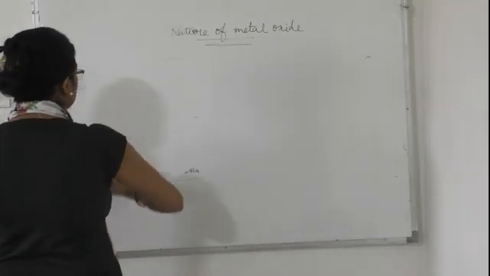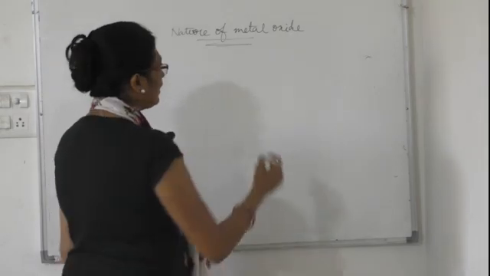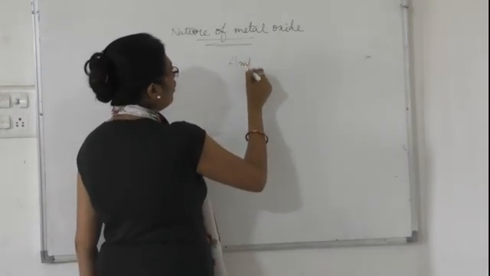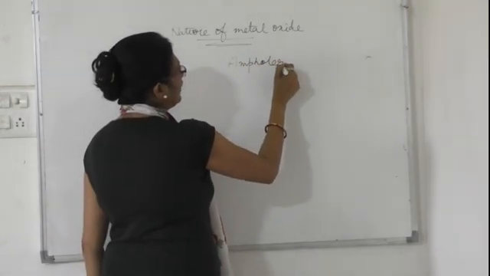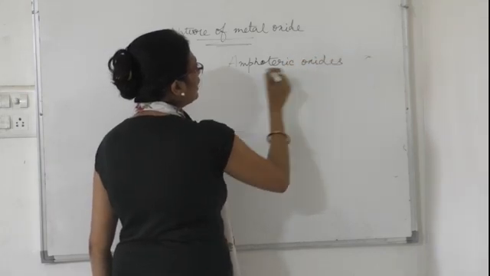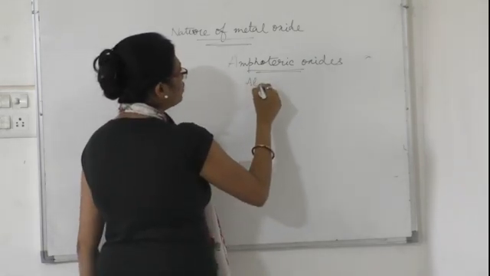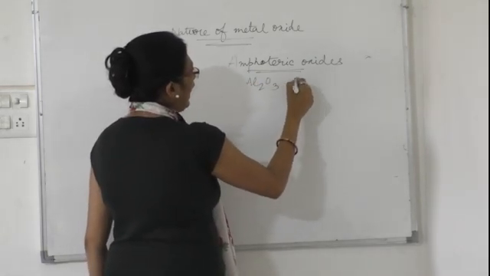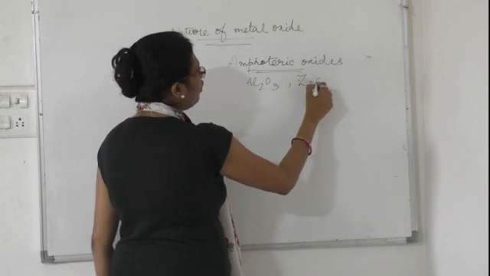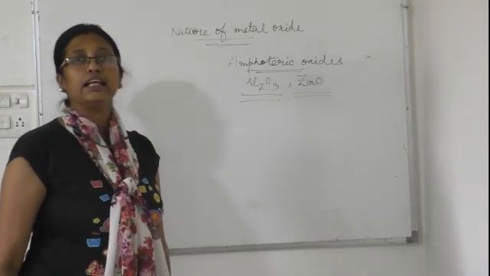These types of oxides are known as amphoteric oxides. Now, what are those oxides? Al2O3 and ZnO, aluminium oxide and zinc oxide.